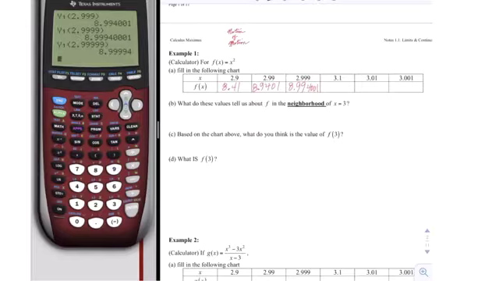And if you do the same thing from the other side real quickly, we'll do 3.1. I just want you to get a feel here for the idea of motion, of notion. If I do 3.1, this is just on the other side of x equals 3, x being the independent variable, we get 9.61. And then to get closer here, we can't just add a 1 at the end, unfortunately. We've got to go back and add a 0.